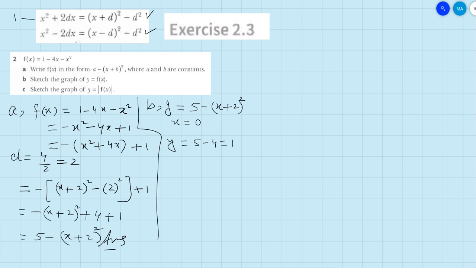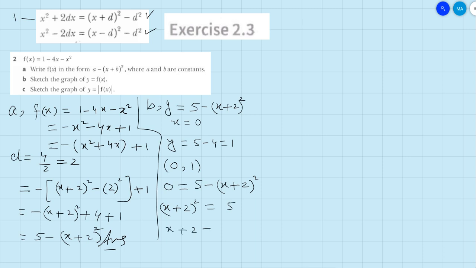Now the first point is (0, 1). Second, we need to find the x-intercept. So for the x-intercept, we have to put y is 0. So 0 equals 5 minus (x plus 2) whole square. Shift this minus (x plus 2) whole square to the left-hand side. It will be plus (x plus 2) whole square equals 5.